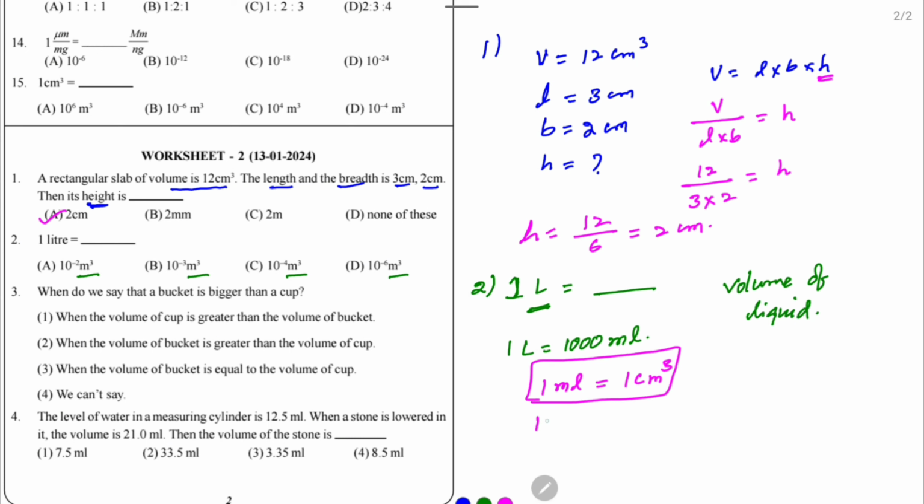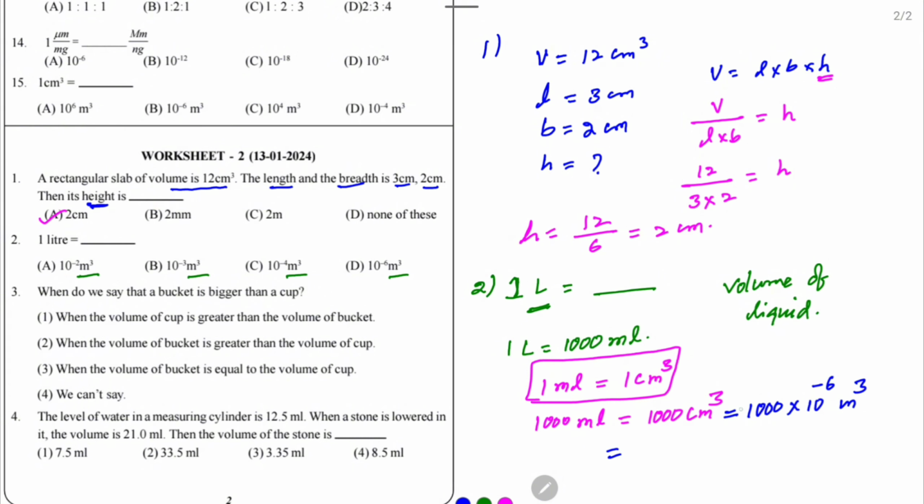Now tell me, 1000 ml is how much? Which is equal to 1000 centimeter cube. Am I correct? Yes, very good. Now let's convert this centimeter cube into meter cube. 1 centimeter cube is 10 to the power minus 6 meter cube.